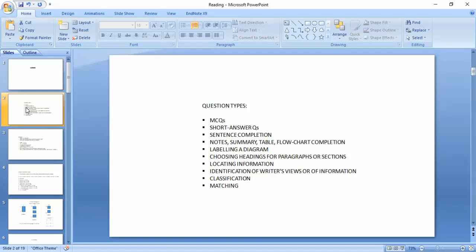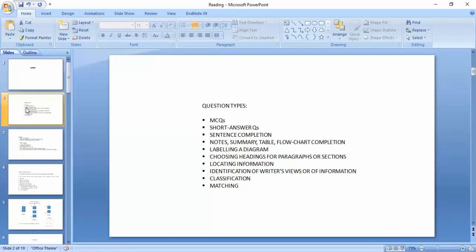Another question type would be choosing headings for paragraphs or sections. Here, based on the information in a passage or paragraph, you have to name or title the passage. Another type of question is locating information, where you have to find a specific piece of information from the passage, maybe a date of birth or some names, etc. Another type of question is identification of writer's views or of information.